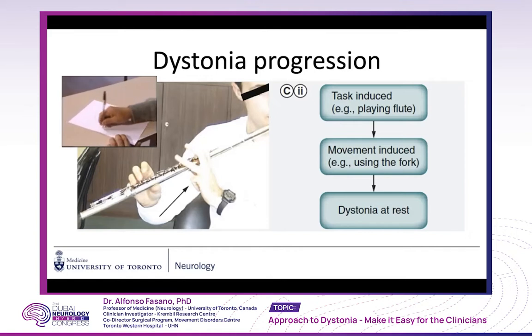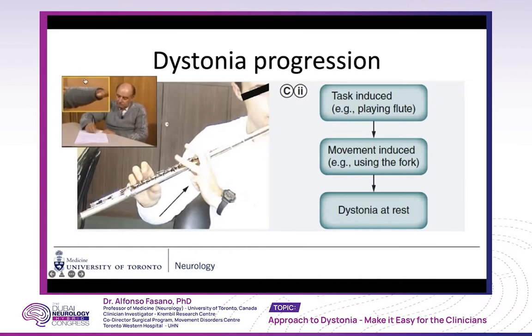But usually in the disease progression, the dystonia is no longer task-specific, but it becomes movement-specific. Anytime there's a movement. And finally, the highest degree of severity is when dystonia is present at rest, and still it can be worsened by voluntary action.